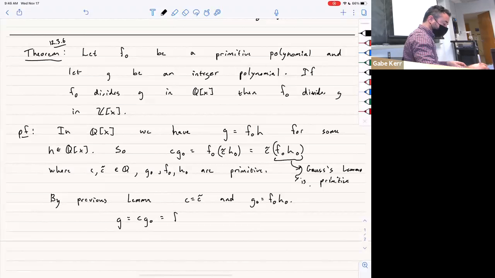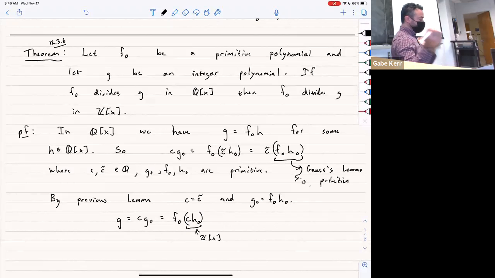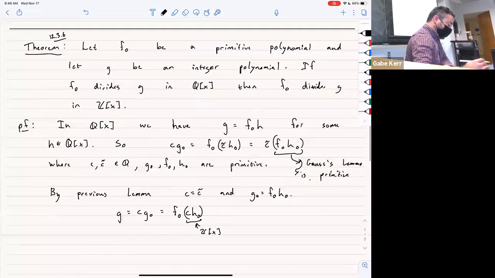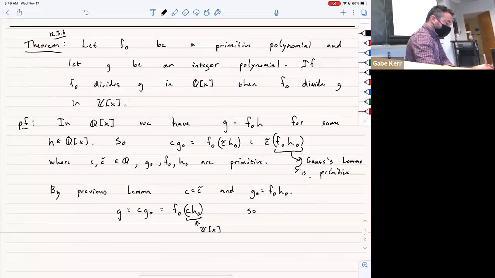So this is going to equal F naught H. This is then integer C. C is equal to C tilde, well, because they're both integers. H naught is an integer polynomial, it's primitive, and C is an integer. So F naught divides G.